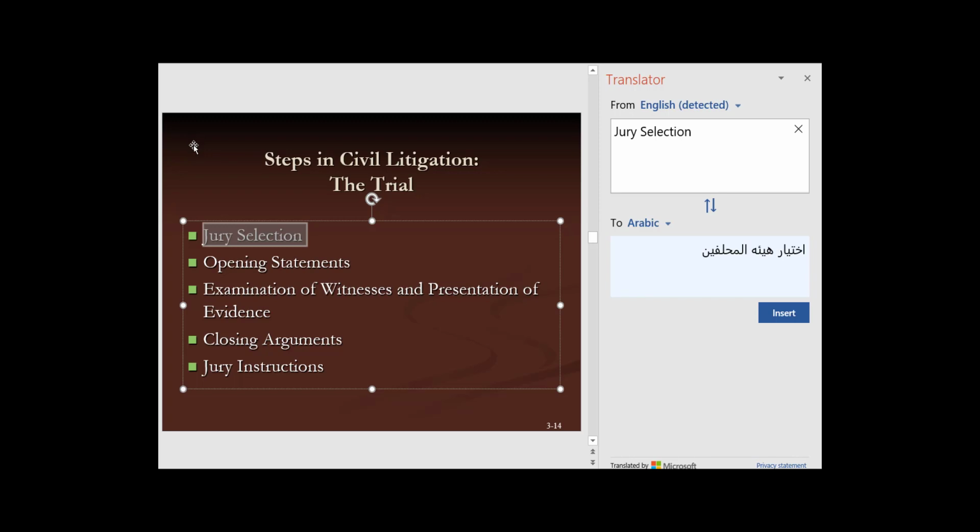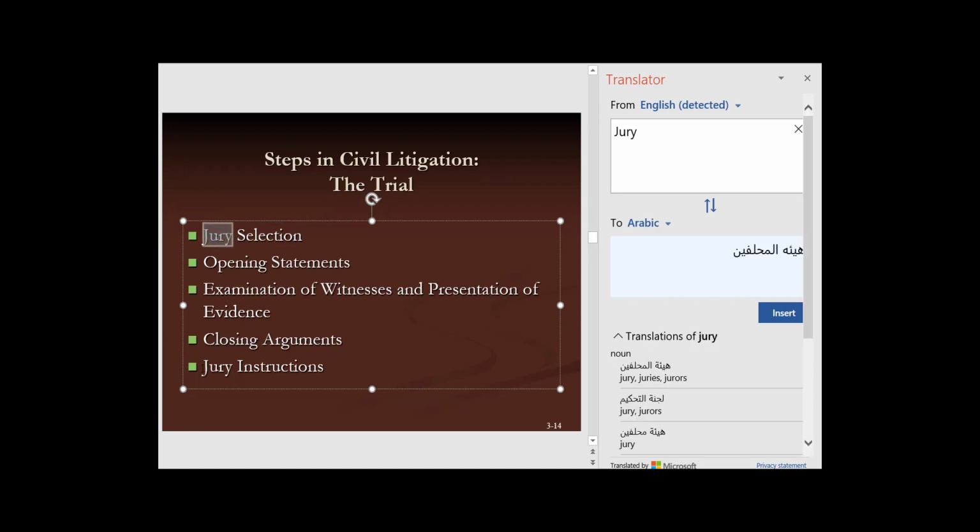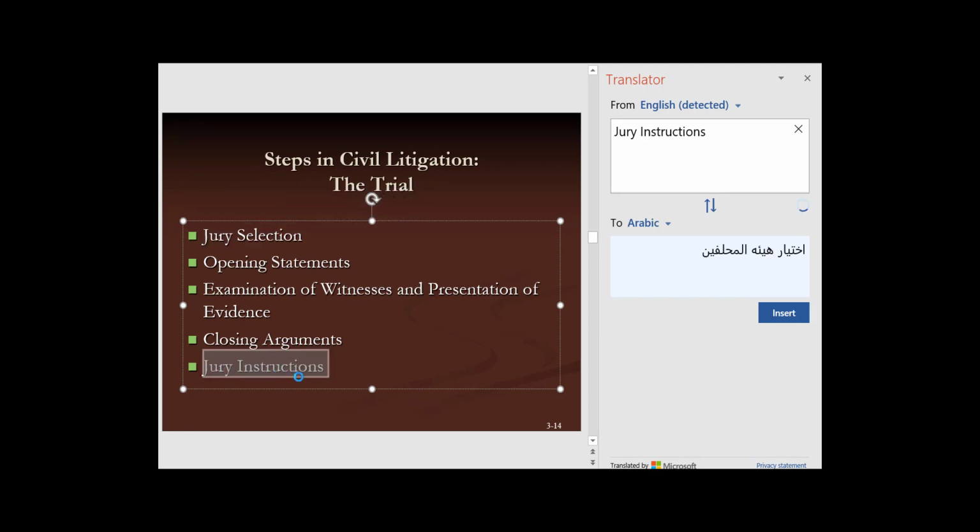One of your choices is going to be like opening statements, and then jury selection, examination, like that. So you have to know the sequence. This is one of the harder ones. If you can't remember that, don't spend too much time, go on to the next question, because this requires a lot of memory.